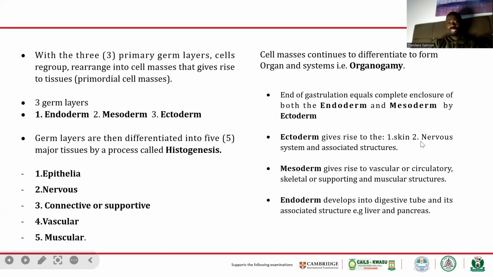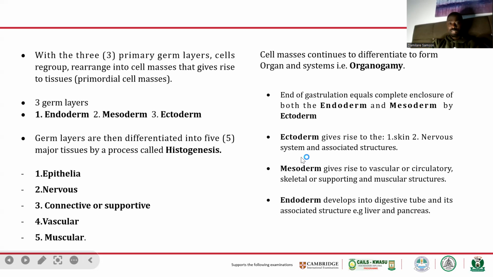Ectoderm gives rise to skin, nervous system, and associated structures. Mesoderm to the supporting and muscular structures with circulatory or vascular tissues. The endoderm, the liver, the pancreas, the digestive tube, and so on and so forth.